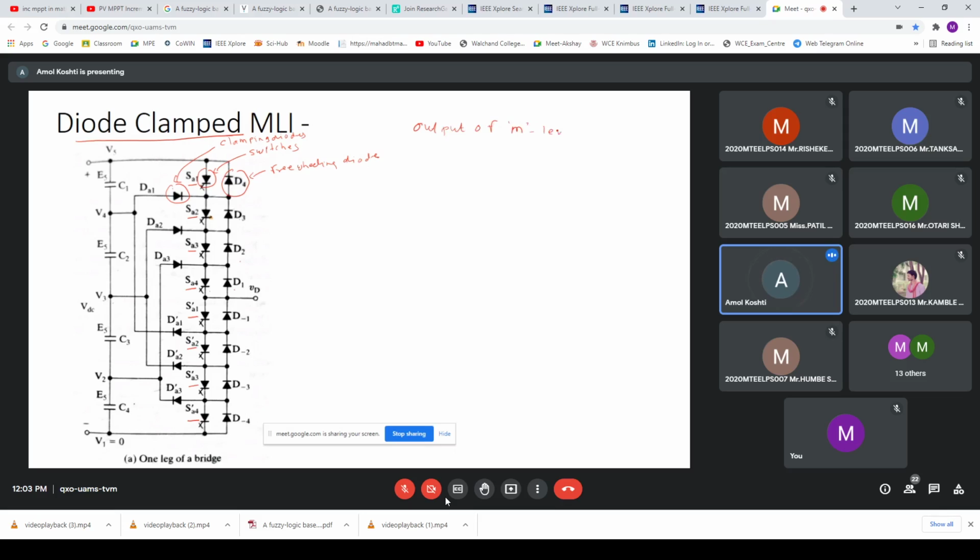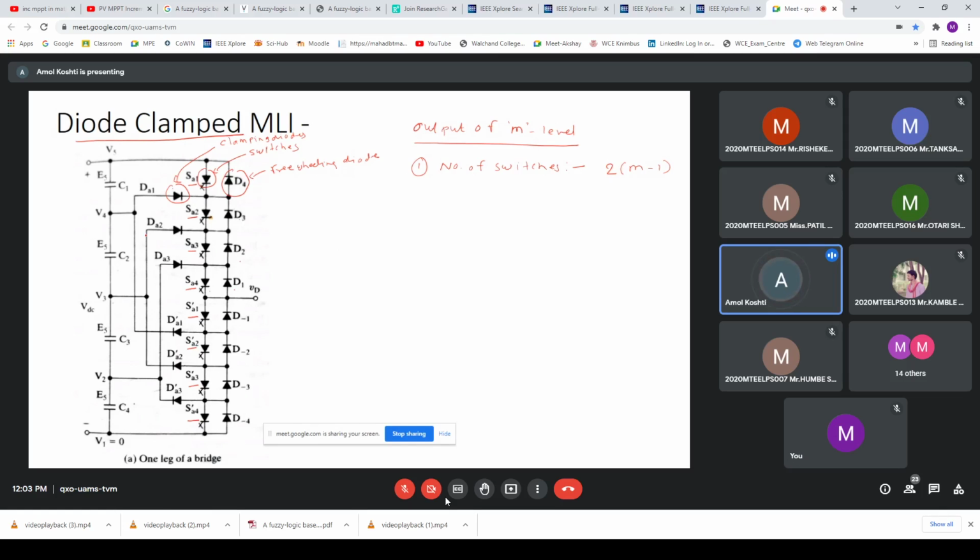M can be anything, 3, 5, 7. To produce an M level output, how many switches do we want? For that there is one formula: the number of switches we want is 2 into M minus 1.